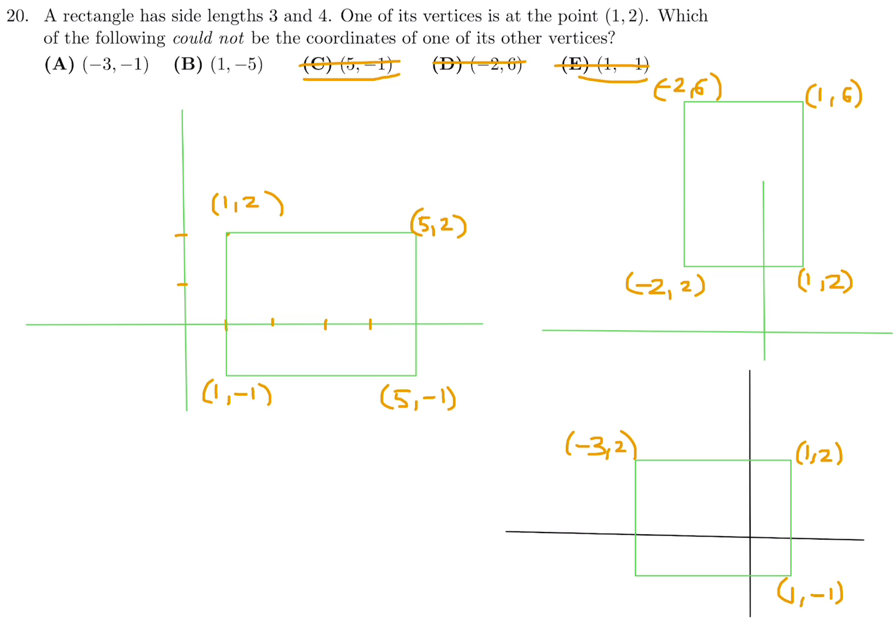And this will be over here, if I want to make that side from here to here equal to 4, it would be minus 3, negative 1. Okay, well, minus 3, negative 1 shows up here. So there we go. In a very complete way, we were able to eliminate all of them as possible coordinates. So the only one that I couldn't make was this one. So number 20, the answer is B.